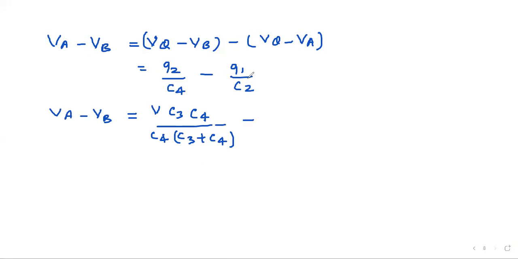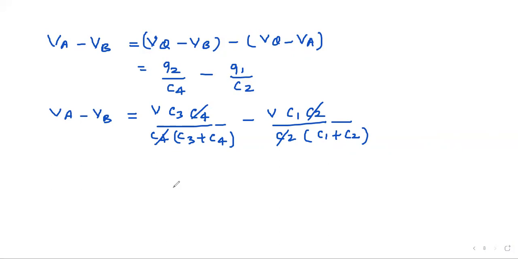Similarly, we have got the value of Q1 as V times C1 C2 divided by C1 plus C2, and here C2. Now C2 will cancel out from here, C4 will cancel out from here.